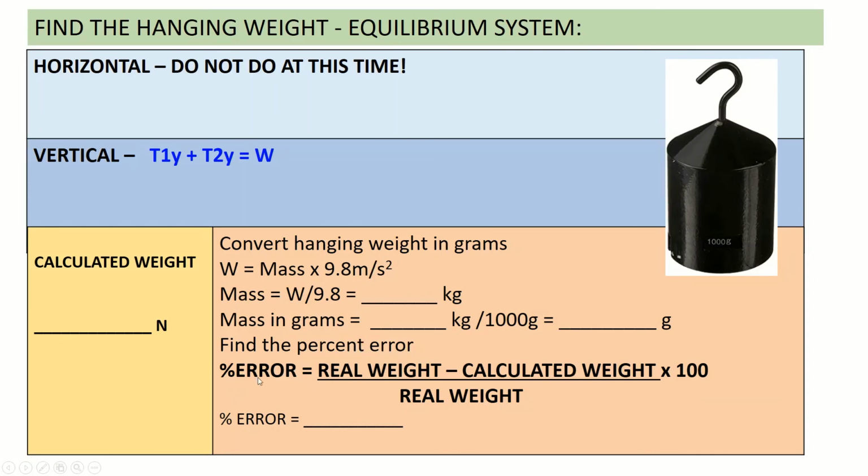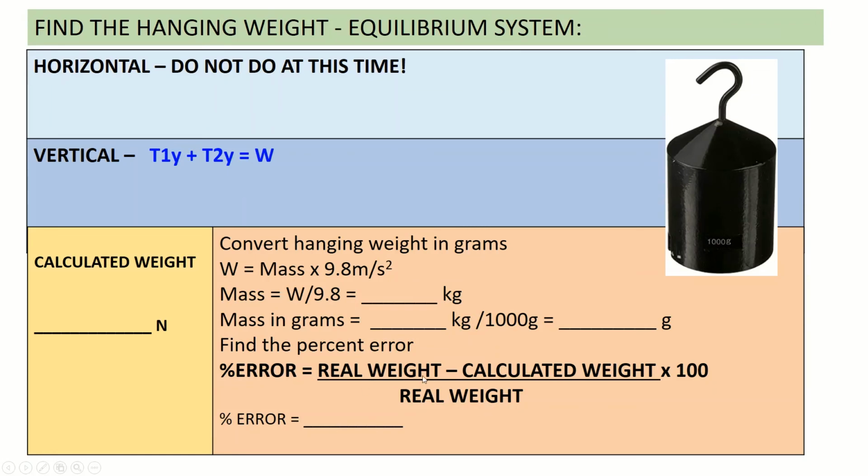And then you calculate the percentage error, how far you were from the real number. So you use this formula: the real weight, which is this, minus the calculated weight, which is this one, divided by the real weight. But actually it's in grams. And then you can find your percentage of error.